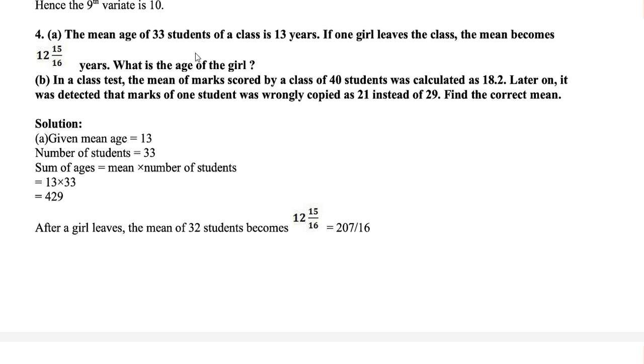The mean age of 33 students of a class is 13 years. If one girl leaves the class, the mean becomes 12 whole 15 by 16 years. What is the age of the girl? That is the question.